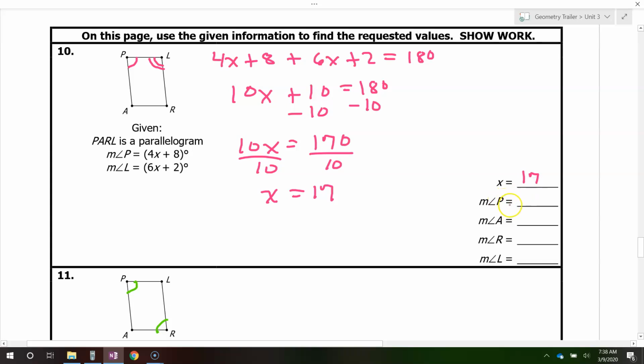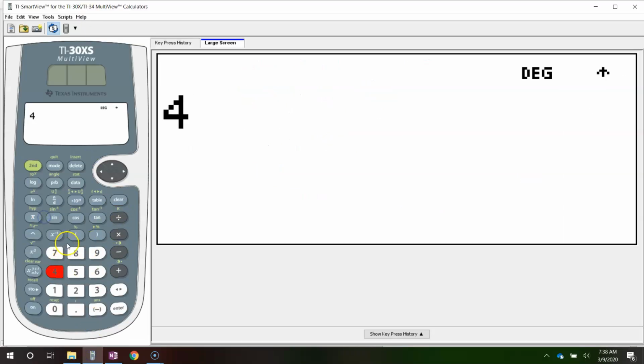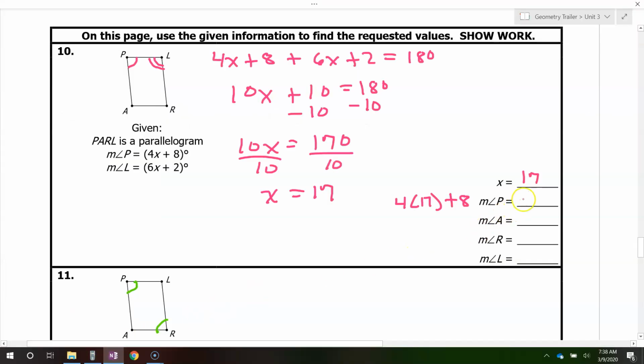Okay, so what will be the measure of angle P? Well, that's 4x plus 8. So that means angle P will be 4 times 17 plus 8. So that's 76.